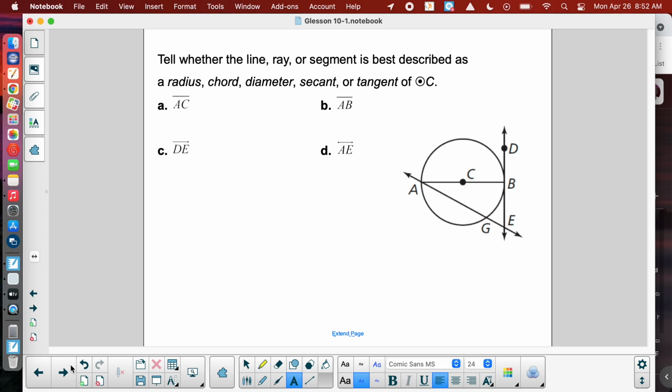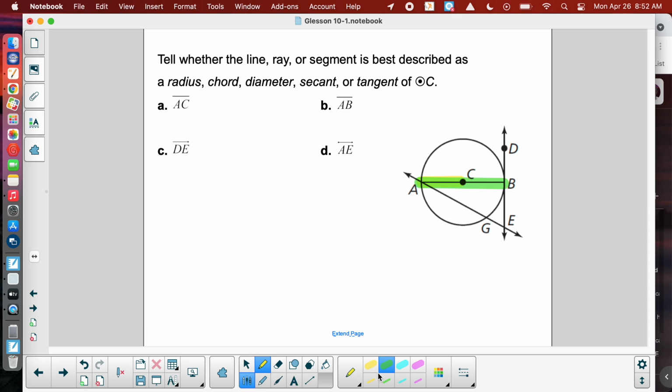What is AC? So if I look at AC here, I notice that AC has 2 endpoints, so it's a segment. One endpoint on the circle, 1 point at the center. Clearly that's a radius. If I look at AB, much more interesting, now we have both endpoints on the circle and going through the center. That must be a diameter. Ray DE.